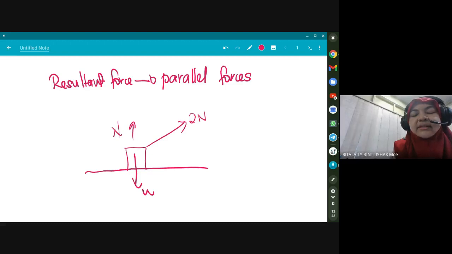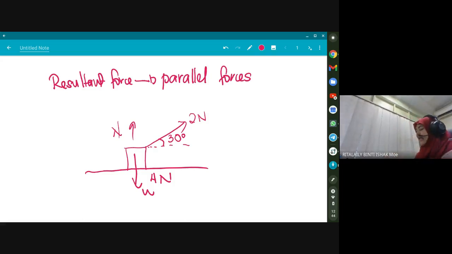Let's say this is 4 Newton. And the force acting at an angle like this is 2 Newton, acted on the object at, let's say, 30 degree from the surface. Okay, macam ni lah.